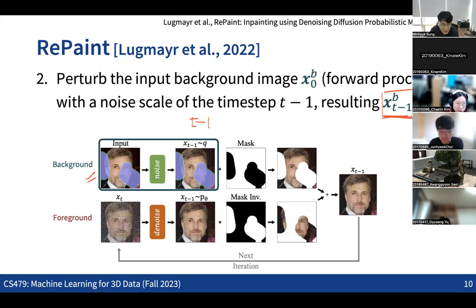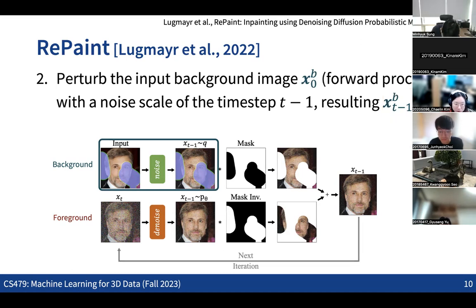So we have a noisy image coming from the background through the forward process, and also a noisy image coming from the foreground, which comes from the reverse process until the time step t minus one.